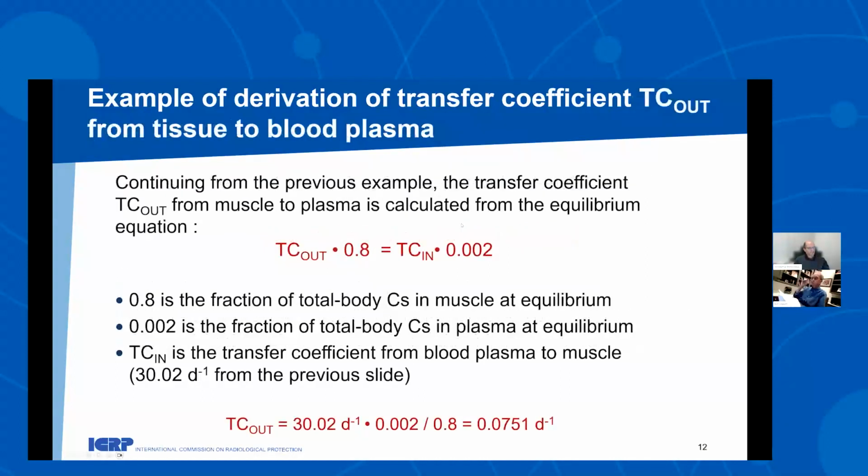Continuing this example to illustrate the derivation of the transfer coefficient from skeletal muscle back to blood plasma. This is calculated from the equilibrium equation.